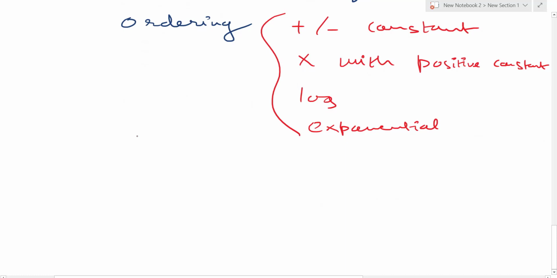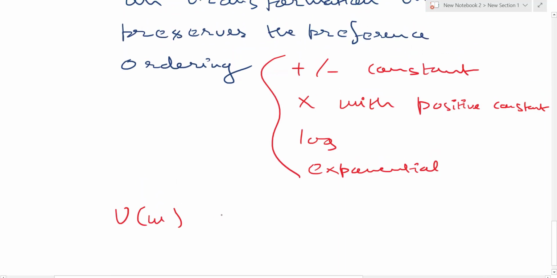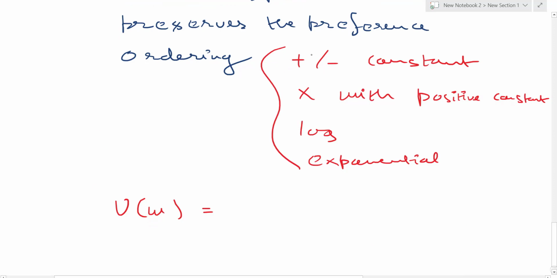So what do I mean by this? Let's say you have a utility function u of w, and it represents a certain type of preference ordering. I have listed these forms of monotonic transformation, and now I am going to start giving you examples of utility functions. The first example is a quadratic utility function, and this is from the material.